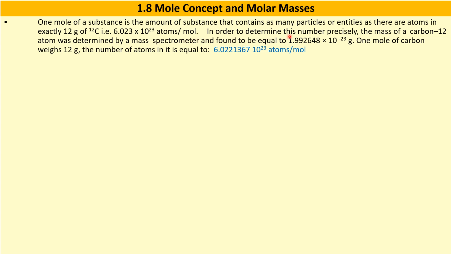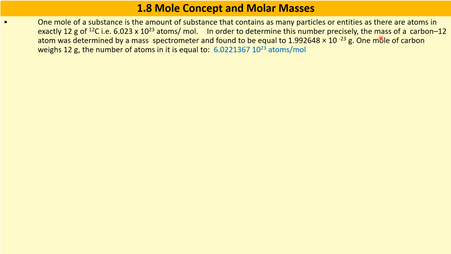In order to determine this number precisely, the mass of a carbon-12 atom was determined by a mass spectrometer and found to be equal to 1.992648 × 10^-23 grams.